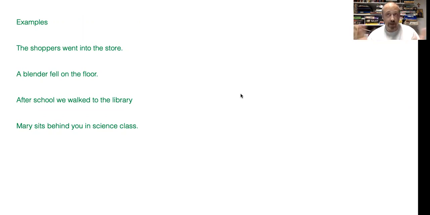So here we go. First thing, as always, I read the sentence. Observe. The shoppers went into the store. Now, that was easy. I'm going to get rid of the prepositional phrases because prepositional phrases, as I mentioned in the previous video, are ornamental. So don't really need them.